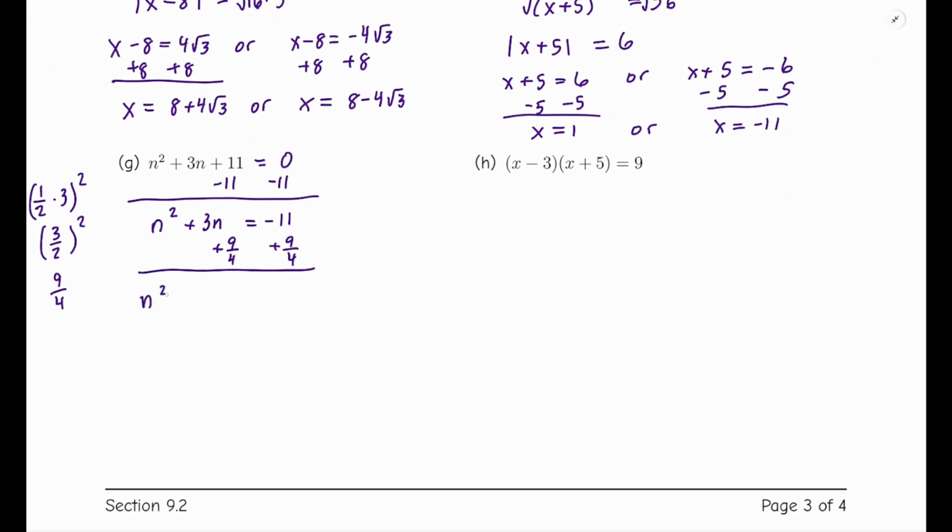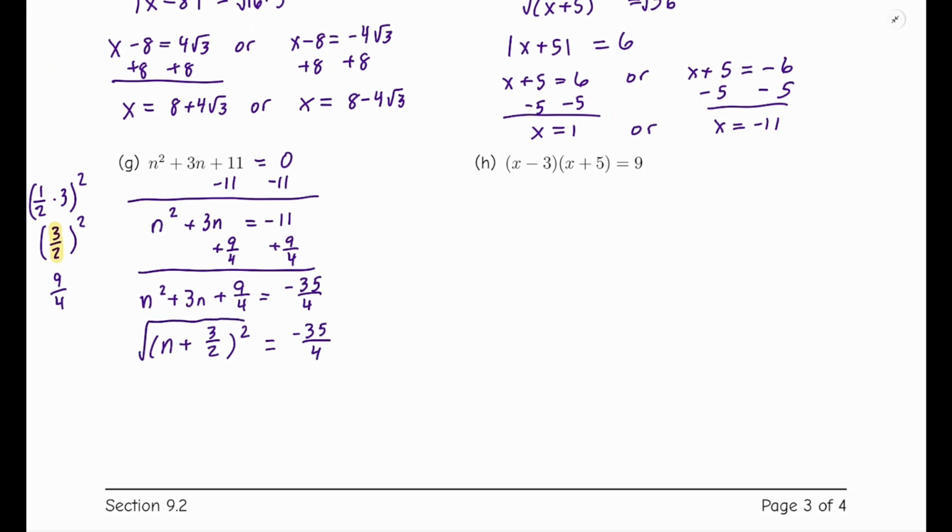We get n squared plus 3n plus 9 fourths is equal to negative 35 fourths. The left-hand side then factors as, and don't forget, it's going to be that term, so (n plus 3 halves) squared is equal to negative 35 fourths.